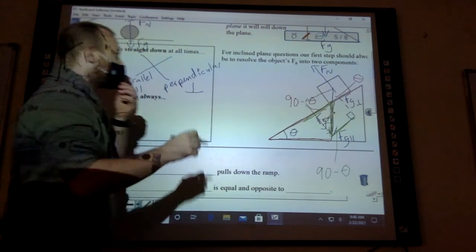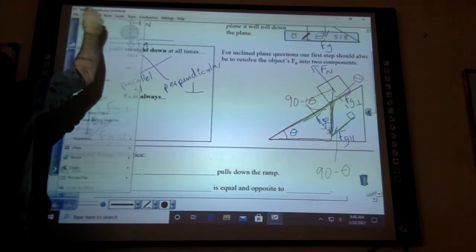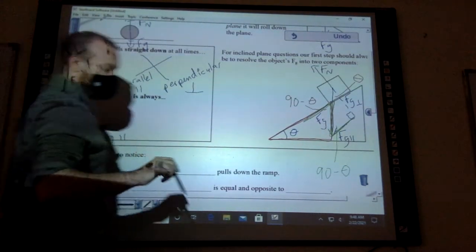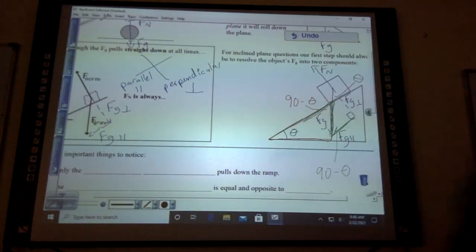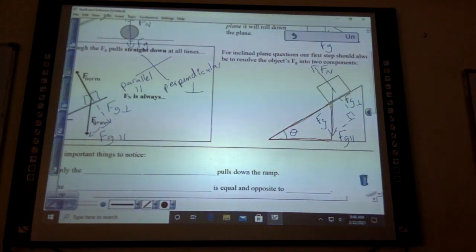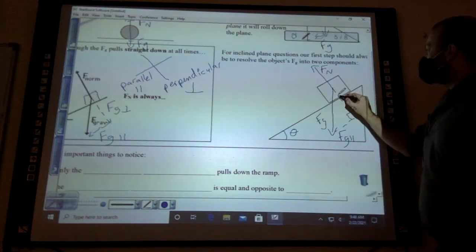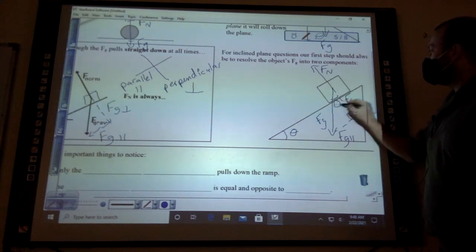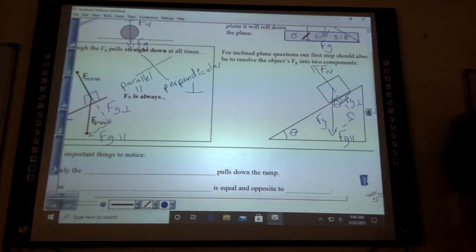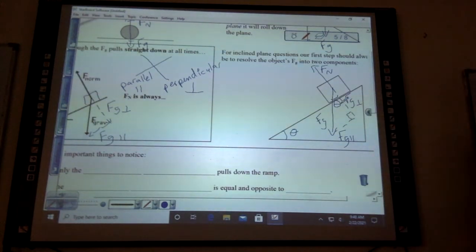So let me erase all of this so it's less confusing. So all you need to remember from all that is this angle here is theta, the one at the top, as long as you set up your triangle like this.